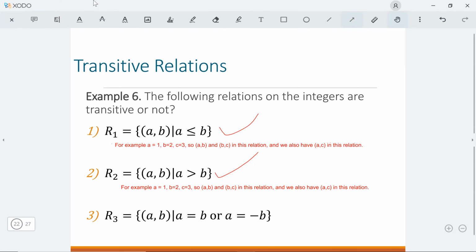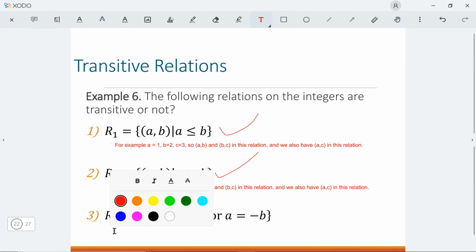So here, let me type it. When A equal 1, B equal 1 or maybe negative 1, then we have AB in this relation. If BC is also in this relation, we will find the only possible value of C is maybe also negative 1 or 1.